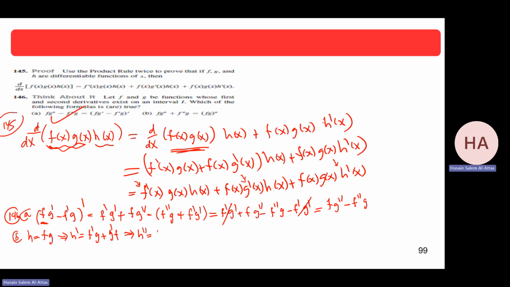Derivative of the first, now product rule: f double prime g plus f prime g prime, plus now product rule: g double prime f plus g prime f prime. And that is f double prime g plus 2 f prime g prime, this and this, plus g double prime f.